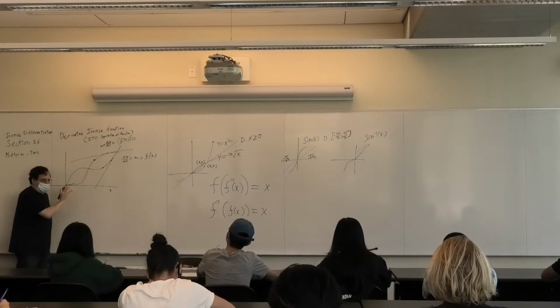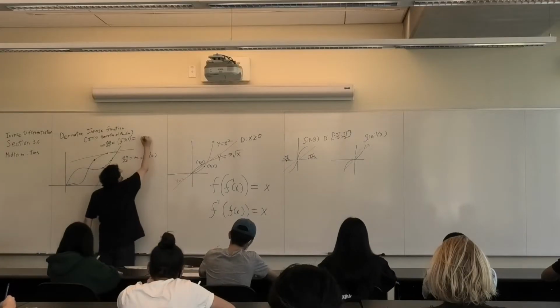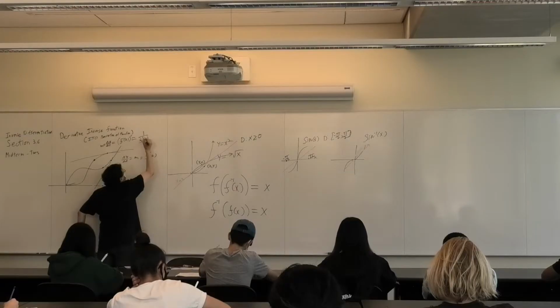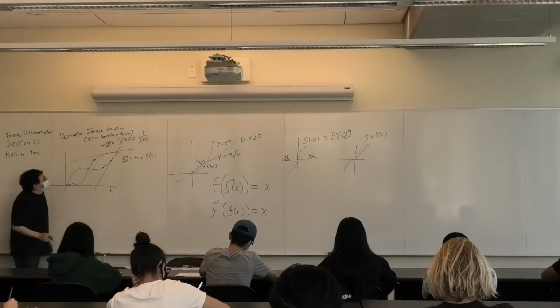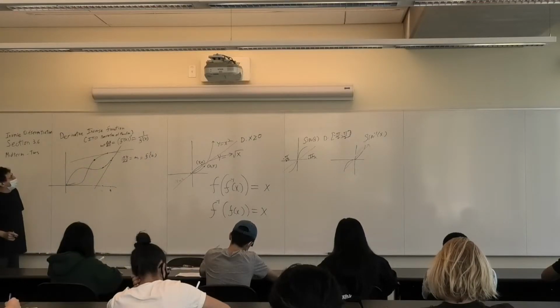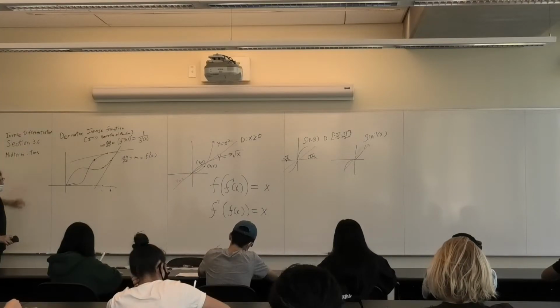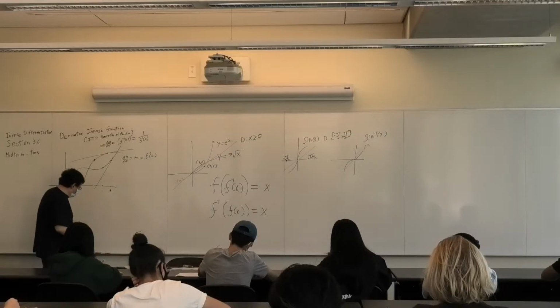If you take a look at this for a second, that means it's going to be just the reciprocal of the derivative at A. And that's our key to inverse differentiation. I'm going to have a formula now.